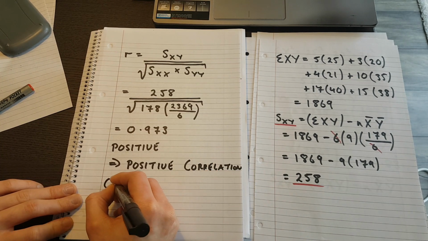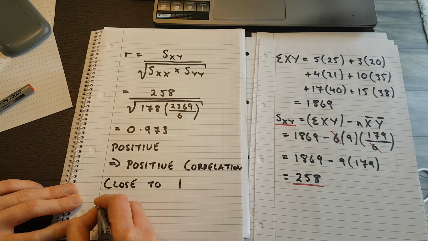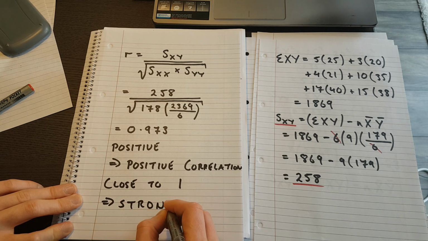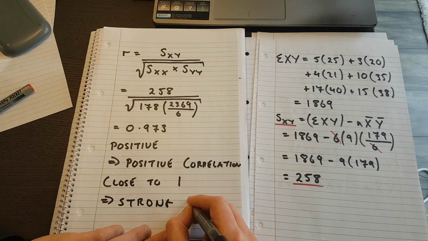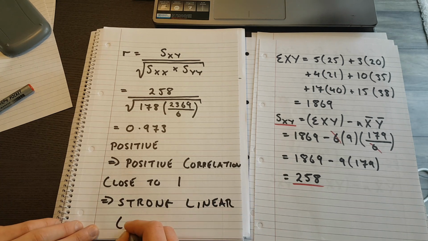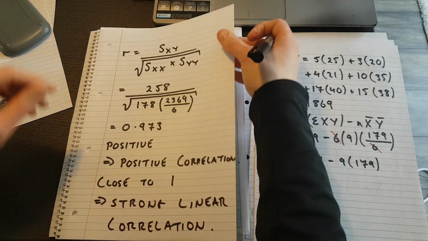And it is close to 1, which indicates it's a strong linear correlation. Okay, it's a strong linear correlation.